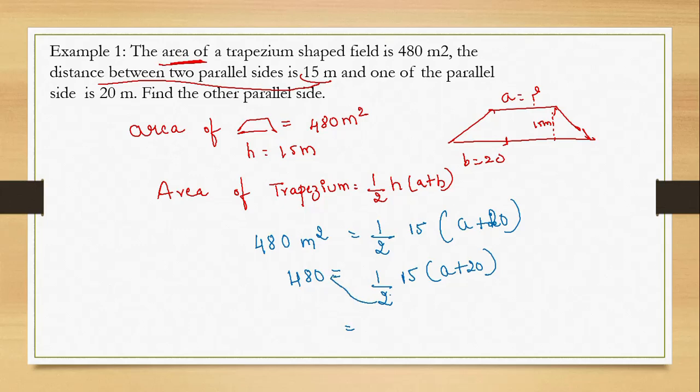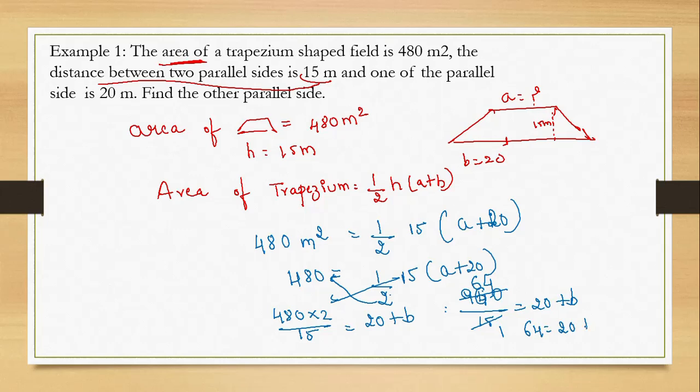So we transfer this to here and this to here, then it will be 480 into 2 by 15 is equal to a plus 20. 480 into 2 is 960, divided by 15 is equal to a plus 20. 15 sixes are 90, and 960, 15 into 64 is 960, so 64 is equal to a plus 20.